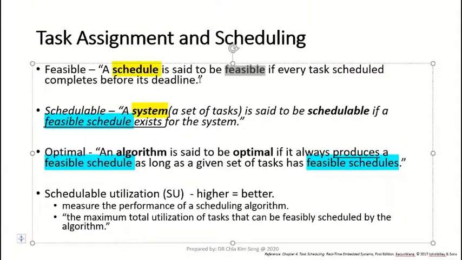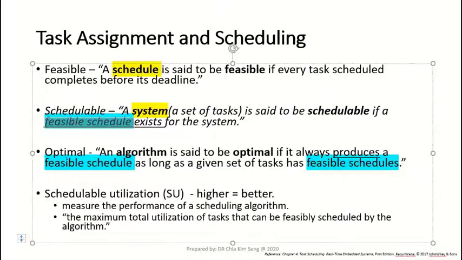This is something we use to describe a schedule. Schedulable describes a system, whether the system is schedulable. How do you know? If a system has a feasible schedule, that means the system is schedulable.